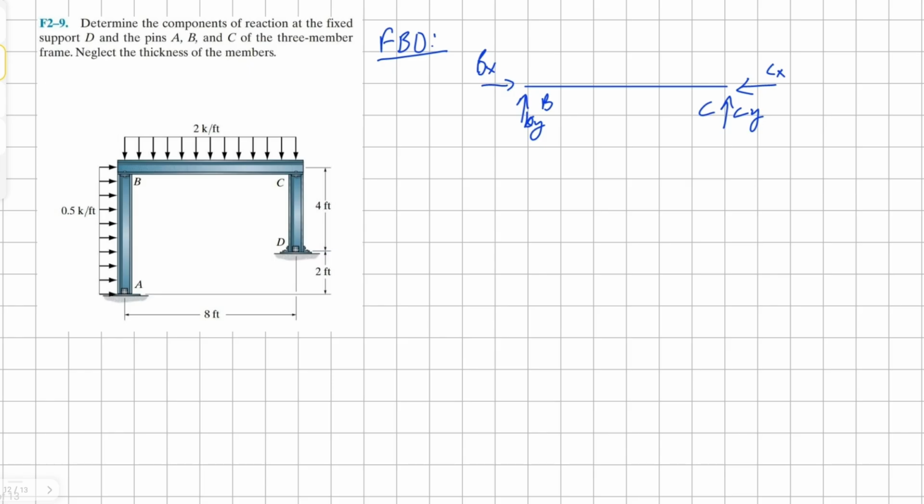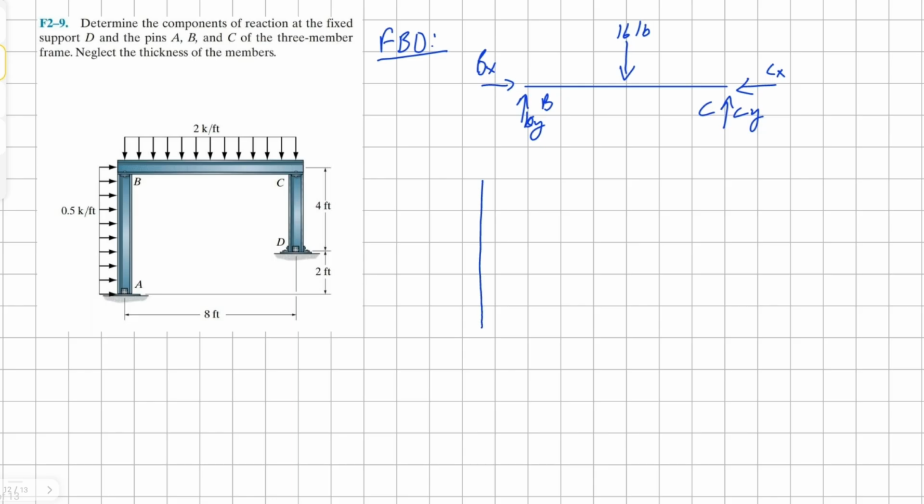We have a uniform distributed load over this member, and we know this is 2 pounds per foot, and the length of this member is 8 feet, so 8 times 2 is 16. So our point load would be 16 pounds, and it'll be located 4 feet away from each side.